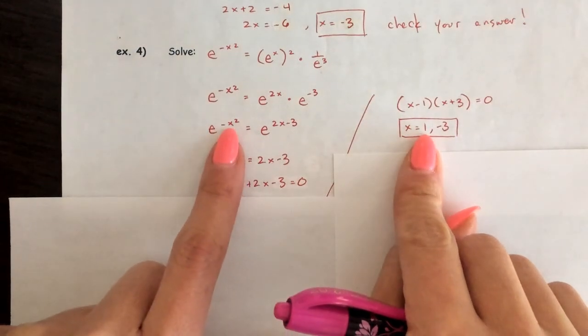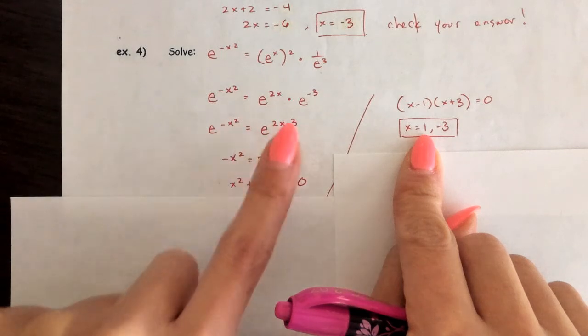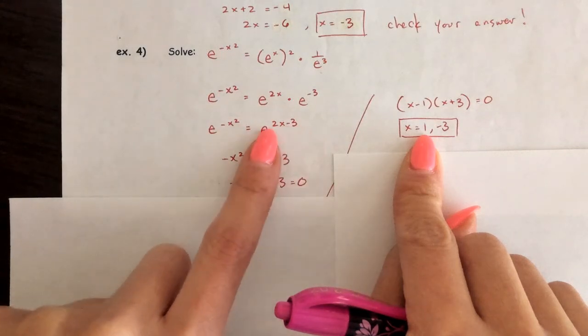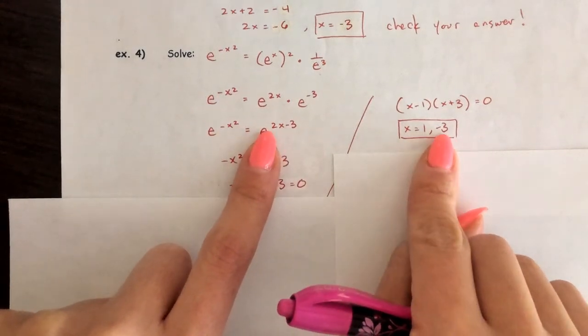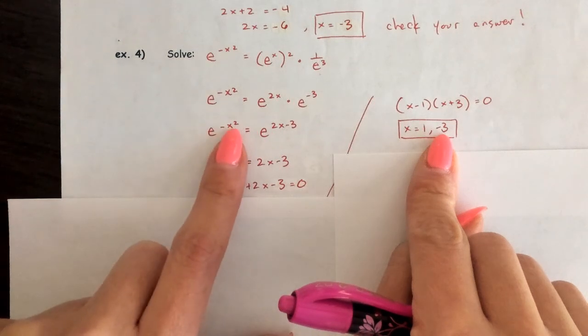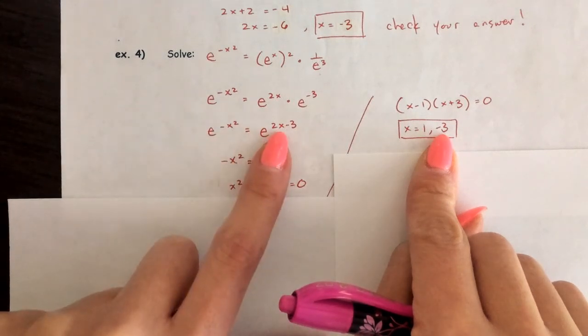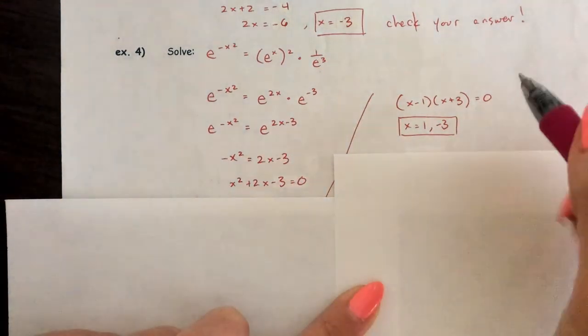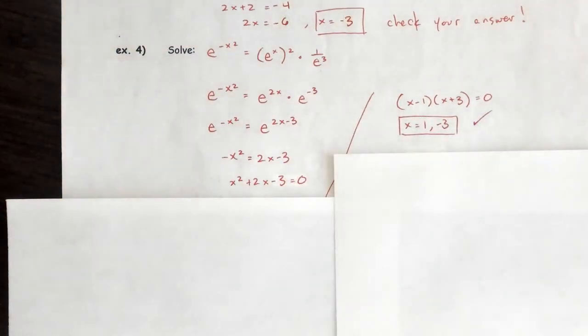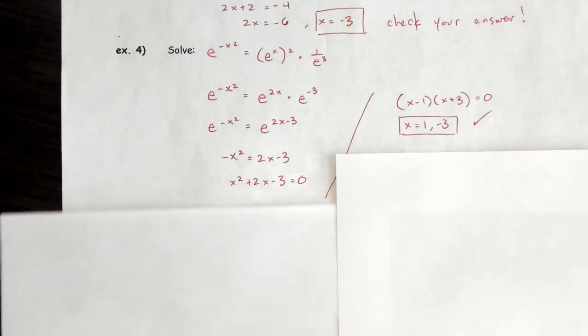So if I plug in 1, I get -1. And then over here, if I plug in 1, I get -1. Okay, we're good. If I check the -3, I get -9. And if I check -3 here, I get -6 minus 3, which is -9. I'm good. So both of these are valid. So we're all good there, okay?